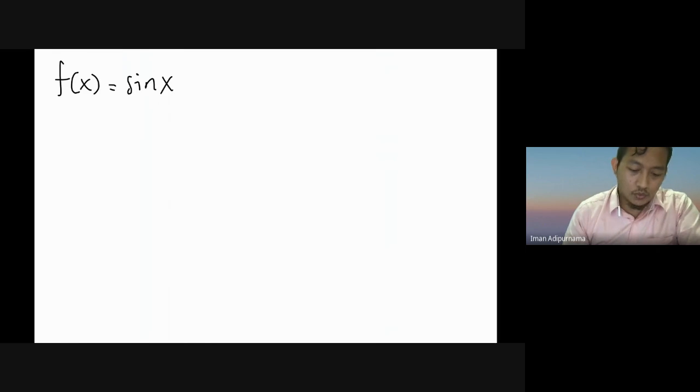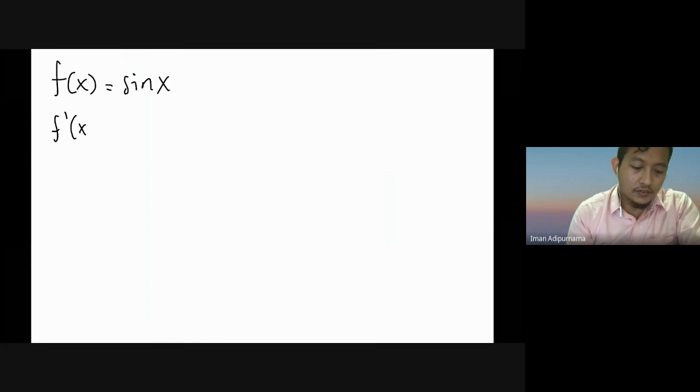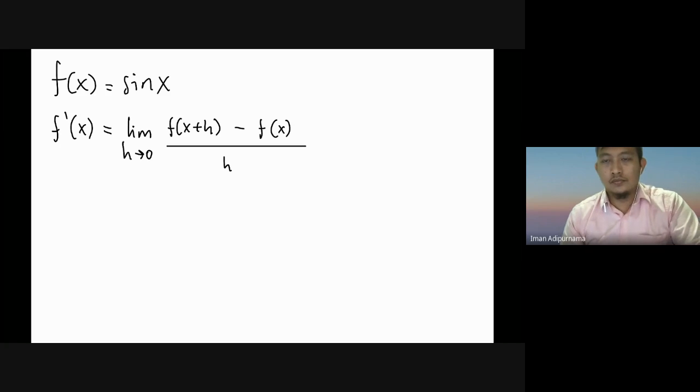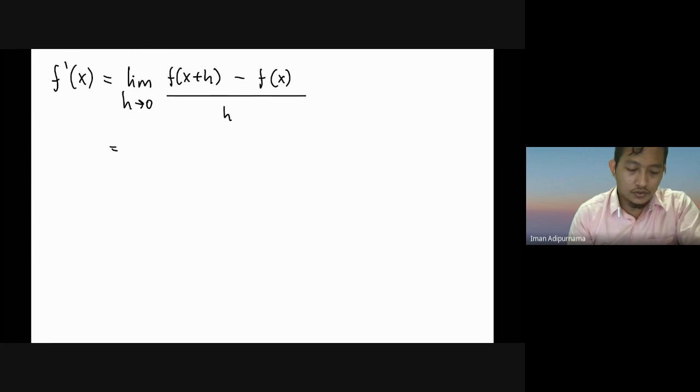So we can start by writing down the derivative by limit definition. And then we can try to simplify and solve this with limits.